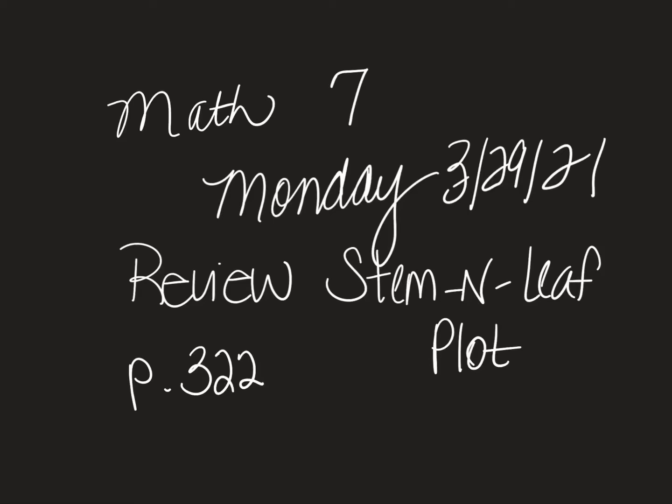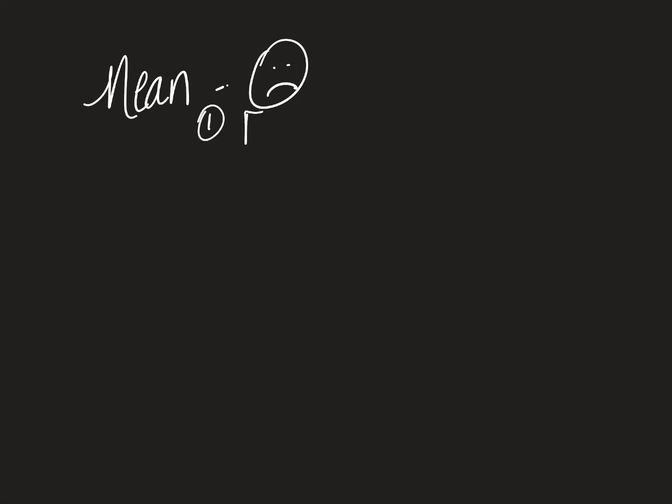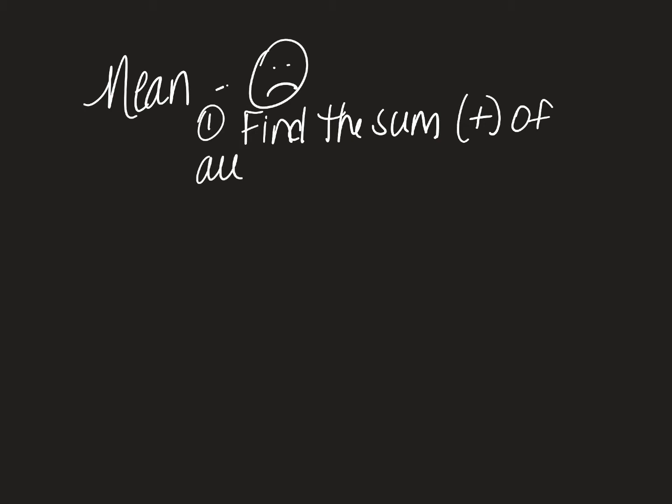Okay, so the first thing we're going to talk about is mean, median, range, and mode. So by reviewing mean, I always think of mean as being, it's mean, right? Because you have to, number one, find the sum, which is addition, of course, of all the numbers.